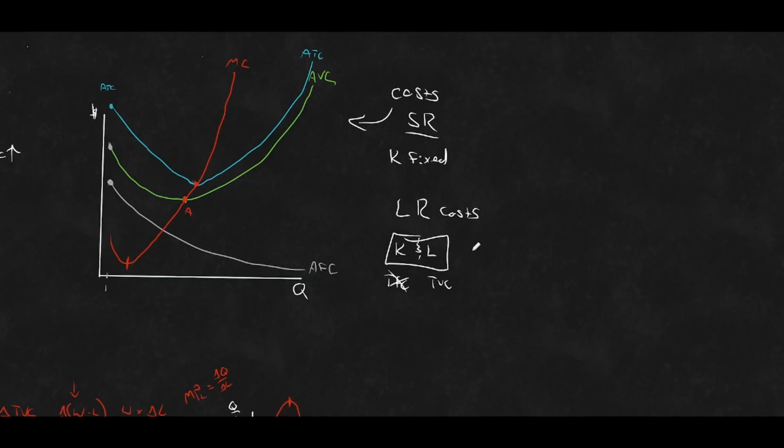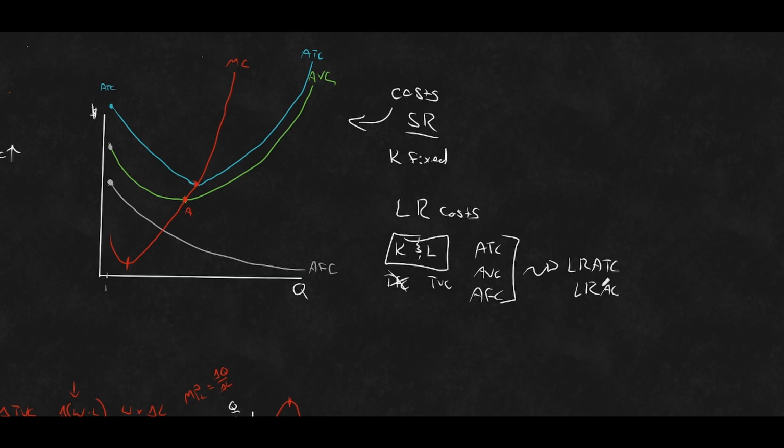And so instead of an average total, average variable, and average fixed, we would in the long run just have a long run average total cost curve. Sometimes it's just referred to as a long run average cost curve.